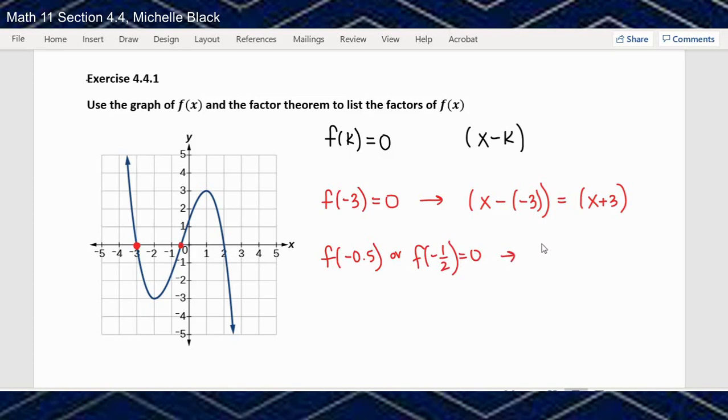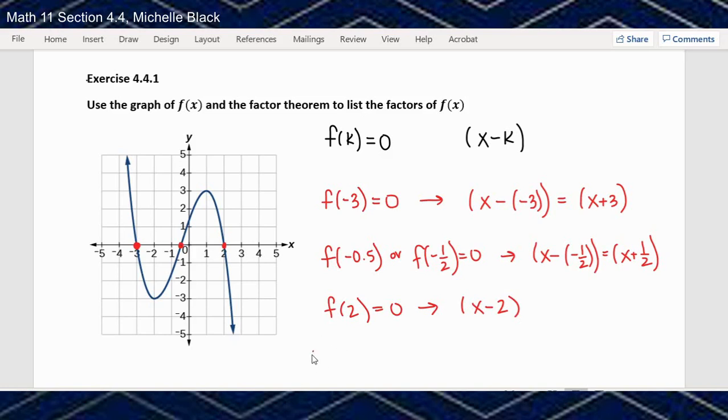So this implies that x minus -1/2 is a factor, or x plus 1/2. And the last time I see my y's being 0 is at x equals 2. So this implies x minus 2 is a factor.